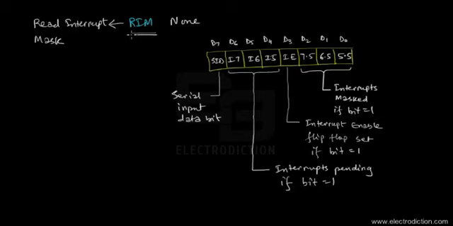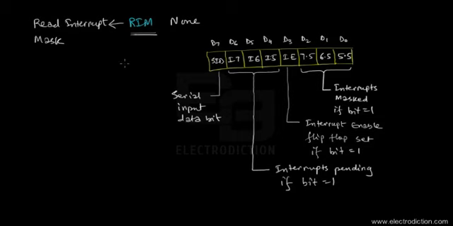You see, whenever a lot of interrupts are coming in, a few of the interrupt requests have been completed, and a lot more are pending. Now you need to get the status of what the interrupt system is currently at the present moment.